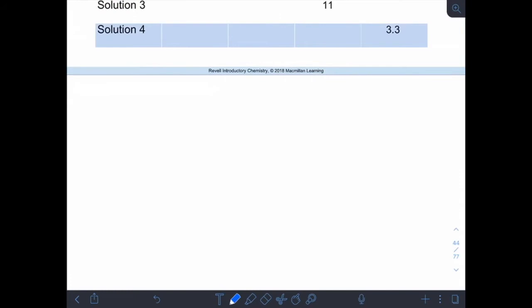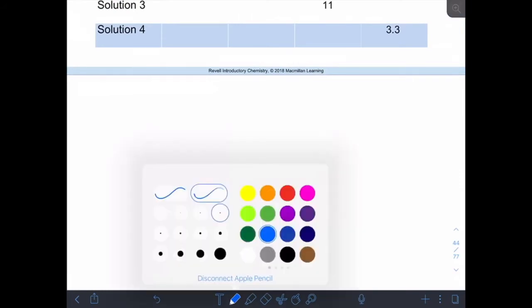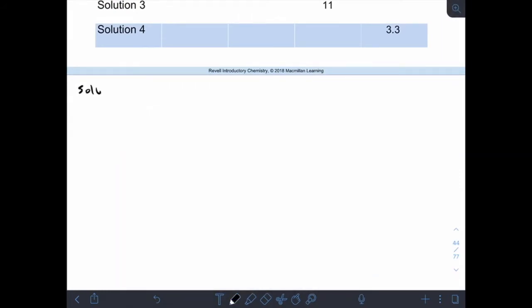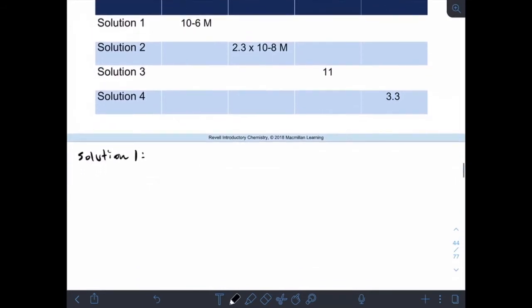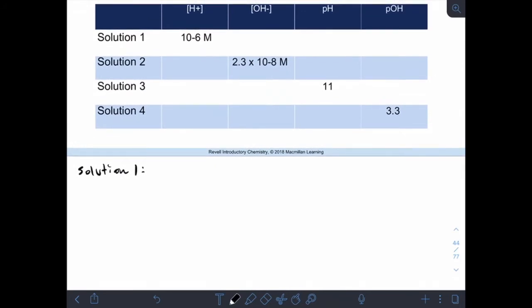So let's tackle this, starting with solution 1. Let's see what we're given. We're given an H plus concentration: H plus of 10 to the minus 6, or 1 times 10 to the minus 6 molar.